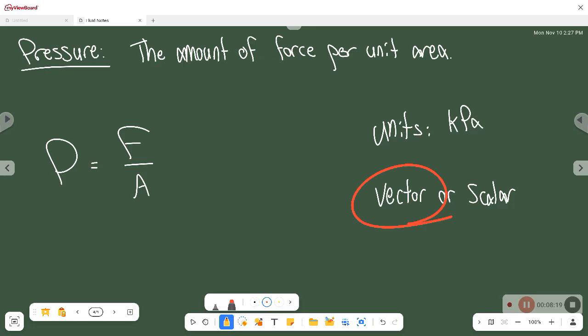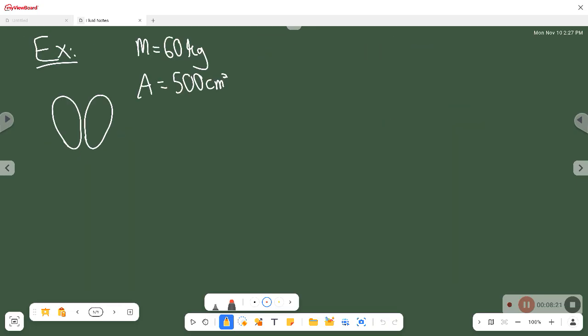Let's do a quick example here. So the example here says that we have a 60-kilogram person standing on their 2 feet, drawn here. How much pressure are they exerting on the ground? Okay, pressure is force over area. So in this case, the force that they are exerting is going to be force of gravity. We have an equation for force of gravity, right?